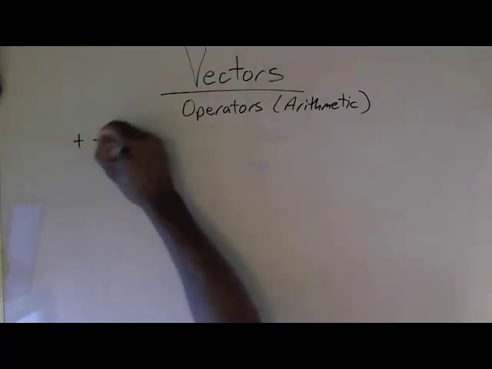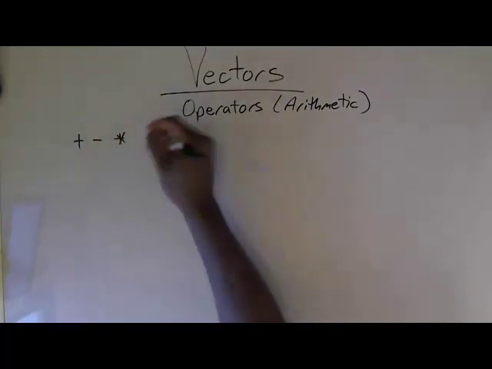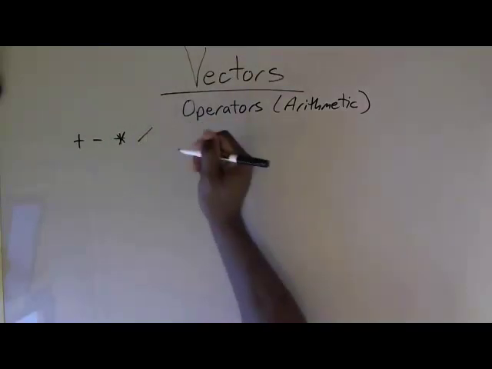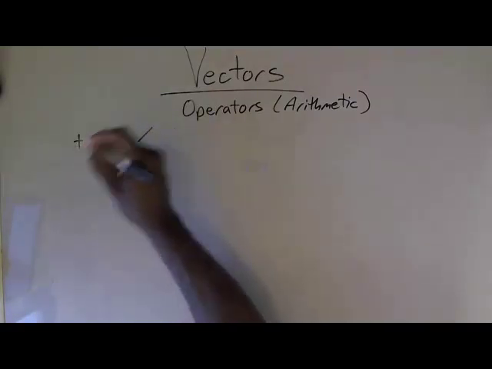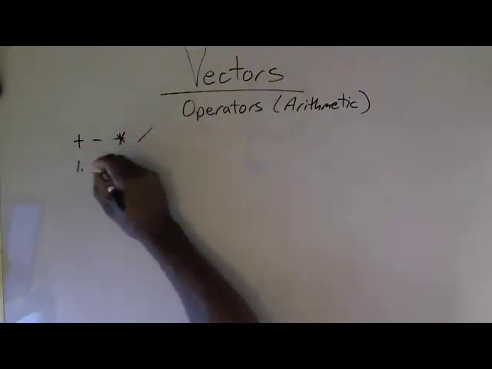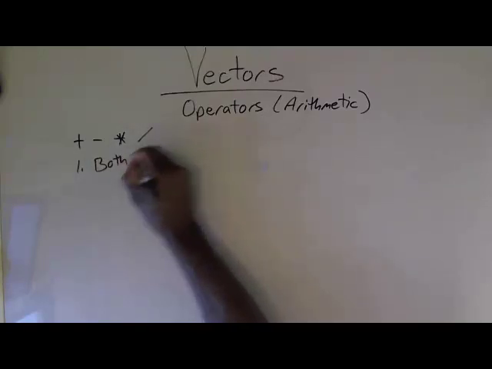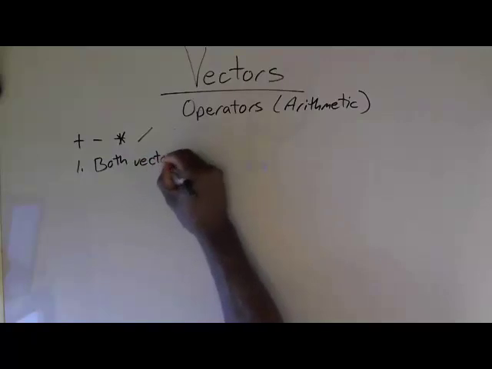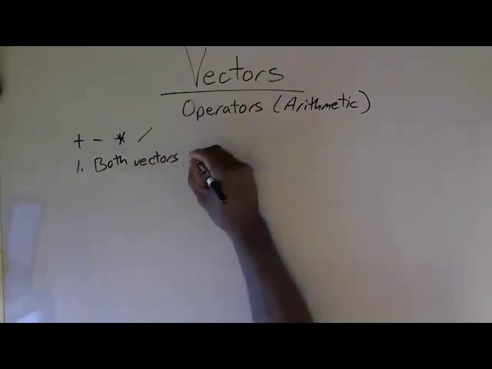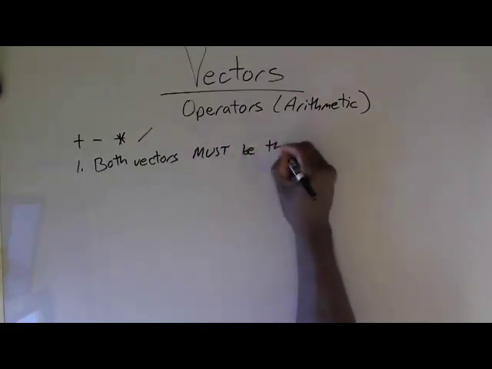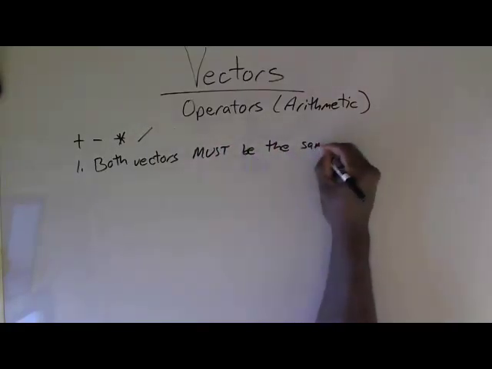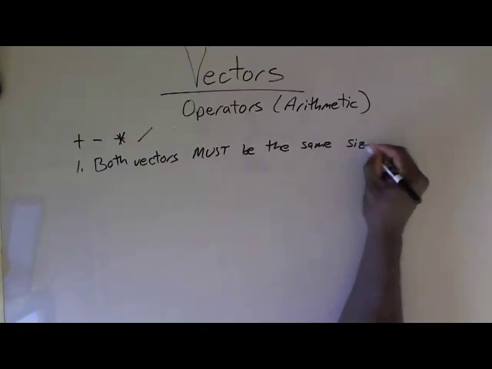So before we get into addition, subtraction, multiplication, and division, we're going to talk about one basic rule. Number one rule in this, and we've seen this a bit before, is that both vectors must be the same size.